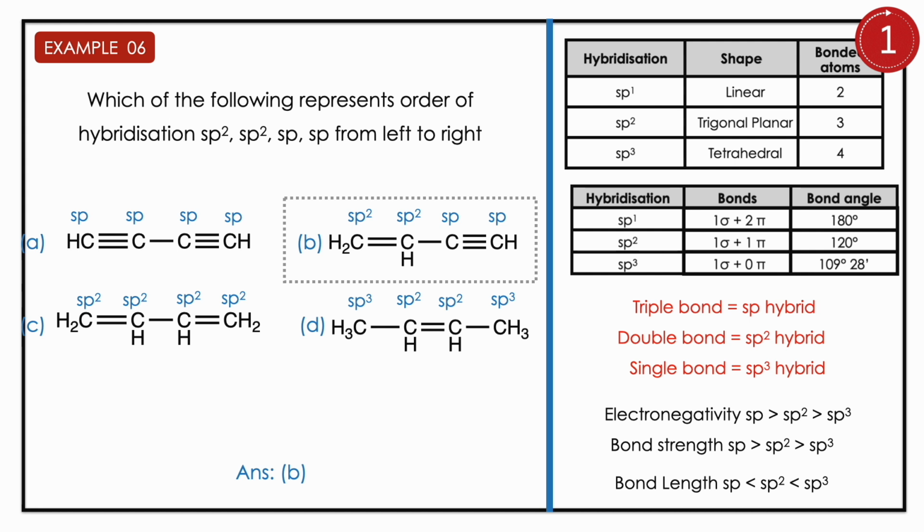The terminal carbon is sp3. So from the choices, clearly B is our answer, sp2, sp2, sp, sp hybridization. The concept you have to learn here is you should master hybridization just from the structure. Then only you can answer the questions easily.